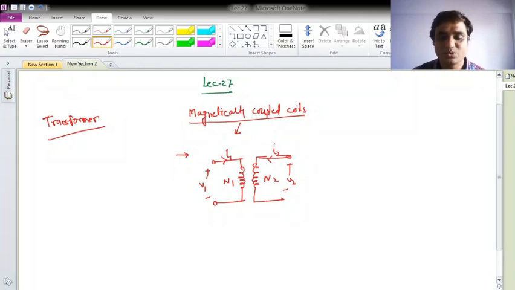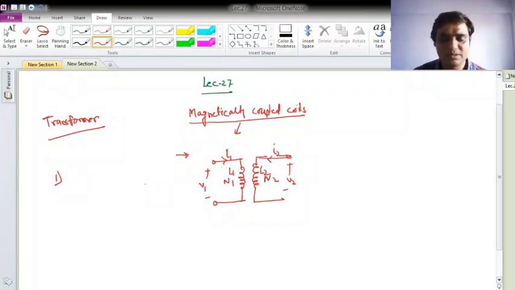These are my two coils having N1 and N2 turns, and say the self inductances are L1 and L2. According to Faraday's law of induction, a current I1 flowing in coil L1 may produce a current I2 in a closed path containing a second coil L2. There are two conditions to produce the current I2 in coil 2.